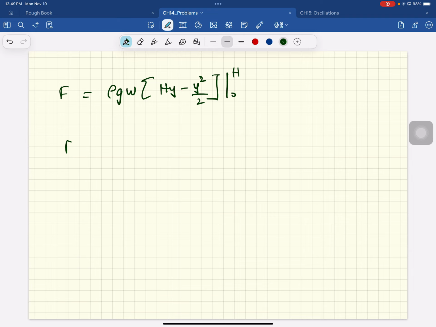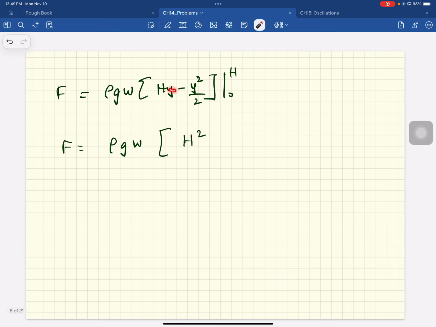So that's the force, and the force is rho g w h square. When we apply the limits to y, it's h minus 0, so h square minus h square by 2.